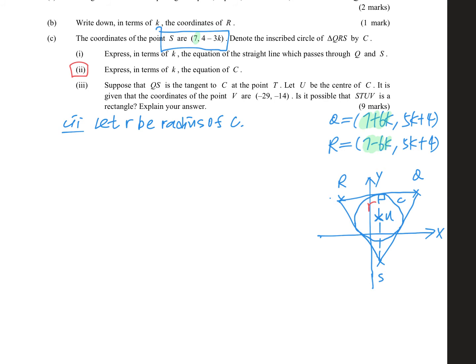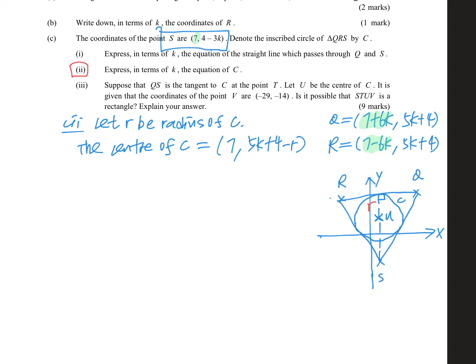So we can already express the center of C, in which here is U. US is vertical, so the x coordinate of U will be the same as that of S. So the x coordinate of the center of C must be 7. And then the y coordinate will be 5k plus 4 and then minus R.